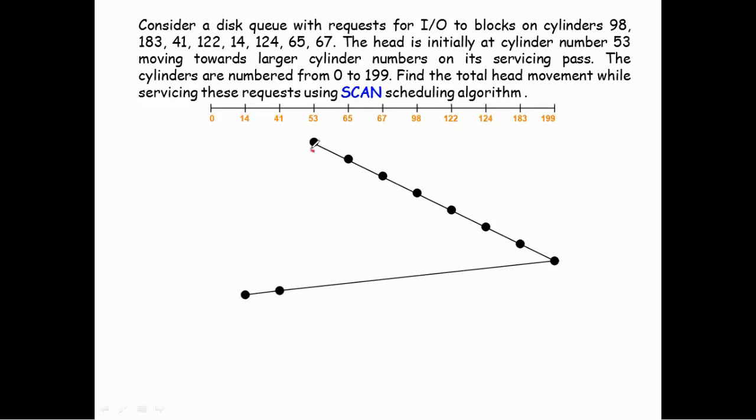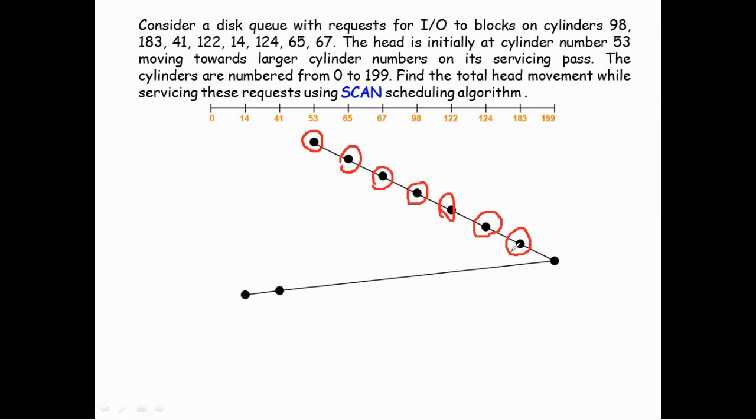The head is initially at 53. The head will then serve the requests 65, 67, 98, 122, 124, 183.